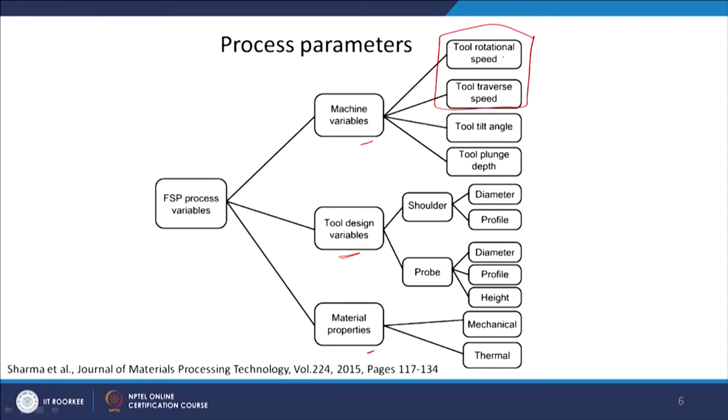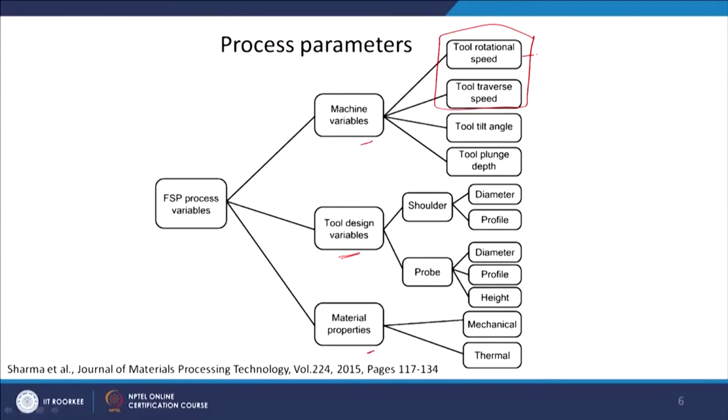Tool rotation. As RPM increases, there will be more frictional heating, because friction will be more between the shoulder and the surface of the workpiece. So, high rotational speed will obviously affect the temperature, and the temperature attained will be higher.